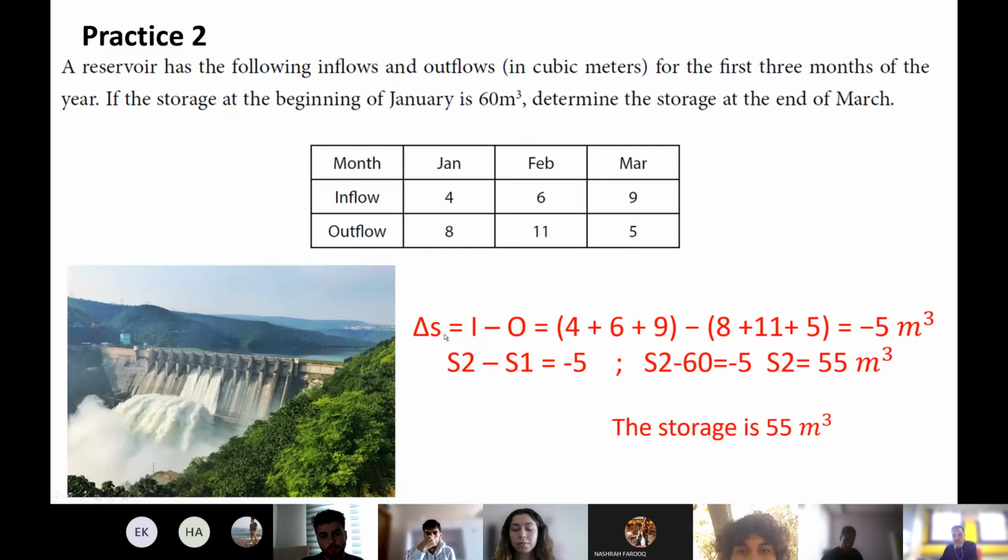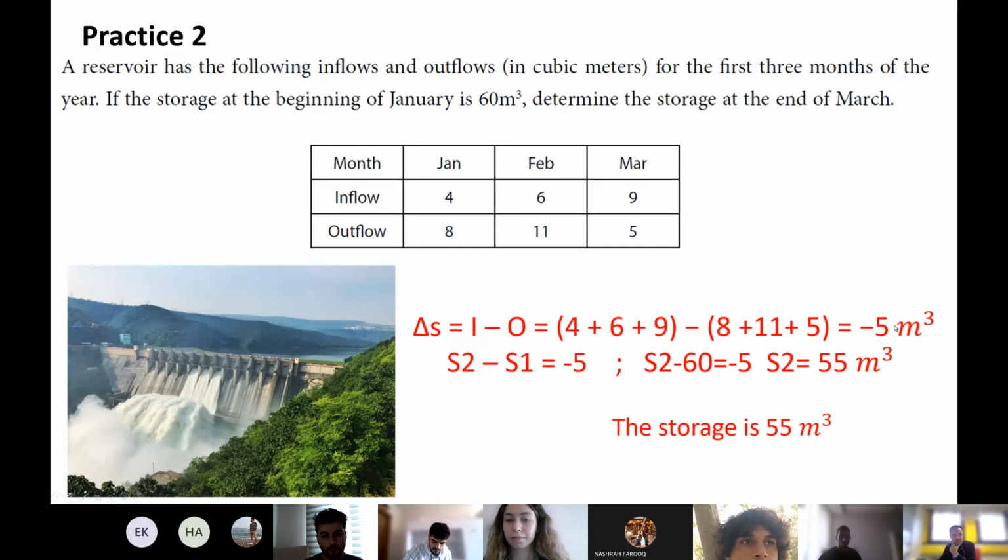So delta S equals input or inflow minus outflow. What is the inflow at 3 months? This is. What's the outflow? This is. So delta S is minus 5 cubic meters. What does delta S mean? Mathematically, delta S means S2 minus S1.